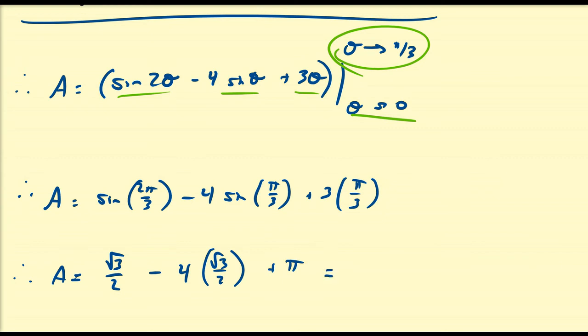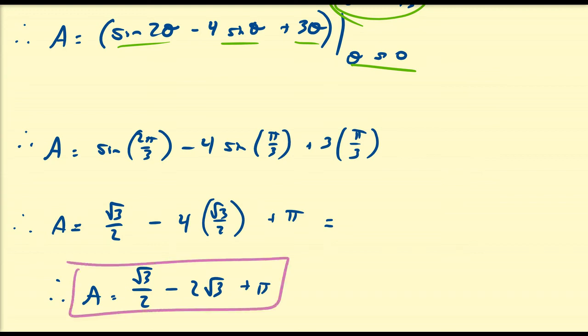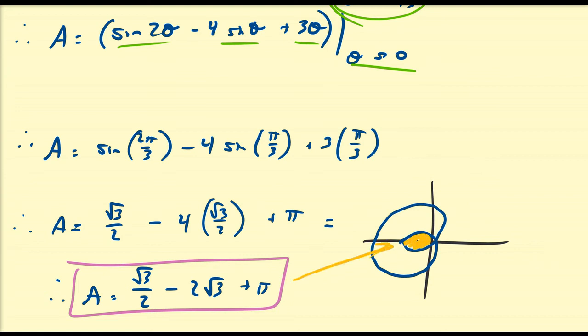This reduces to our answer of interest, namely root 3 over 2 minus 2 root 3 plus pi. So this is the area of our region of interest, which, in case you have forgotten our shape, loops around. So this is the area of this little piece here.